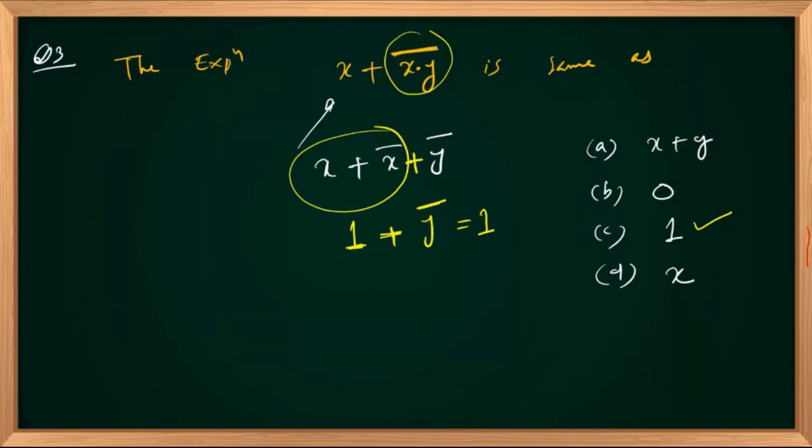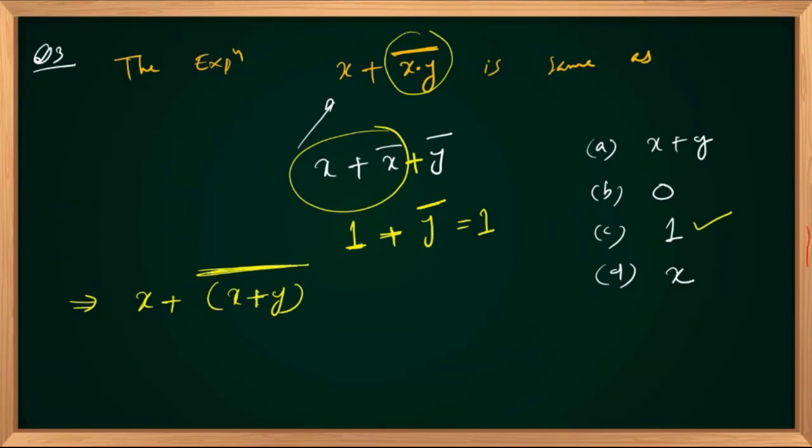X plus x bar xy, the whole complement. Xy, the whole complement, as per De Morgan's law, is the sum of x bar and y bar. So x plus x bar will be 1, 1 plus y bar will be always equal to 1. And what if the question is modified slightly? Let us say x plus y, the whole complement. Then what will be your option?